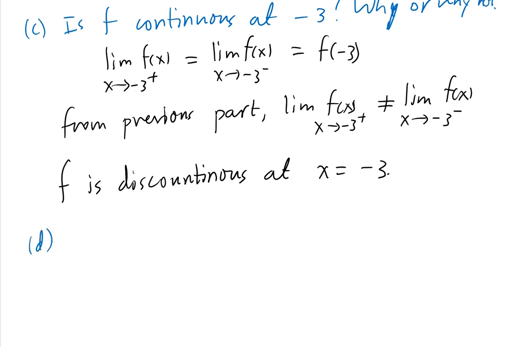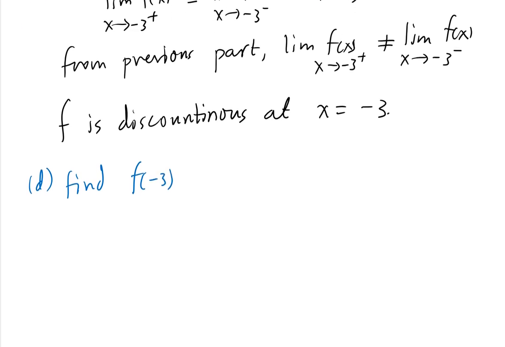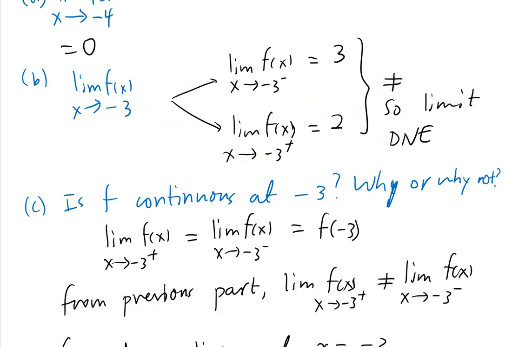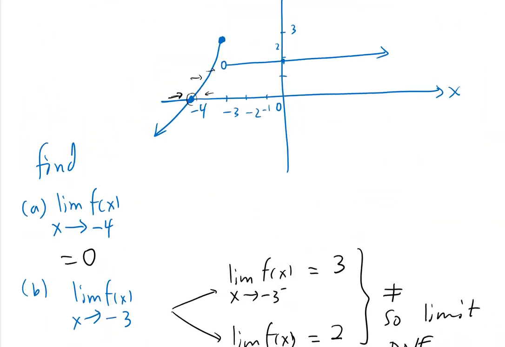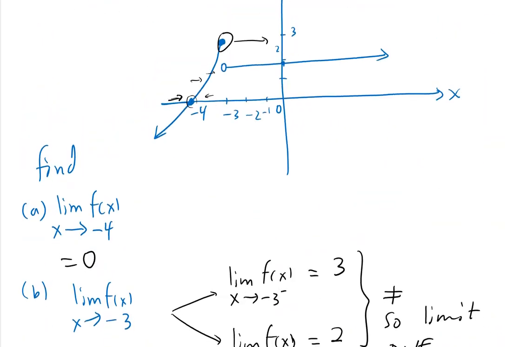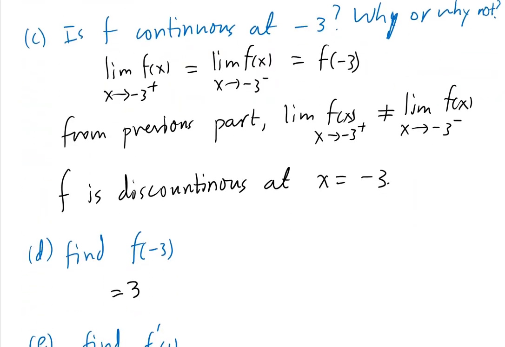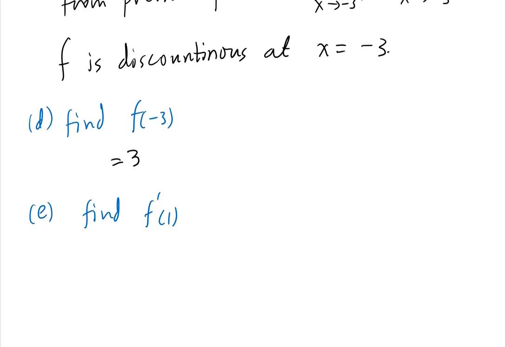Part D, find f of -3. Find f prime at 1. F of -3, it's this one, so y is 3. F prime at 1, what is that?